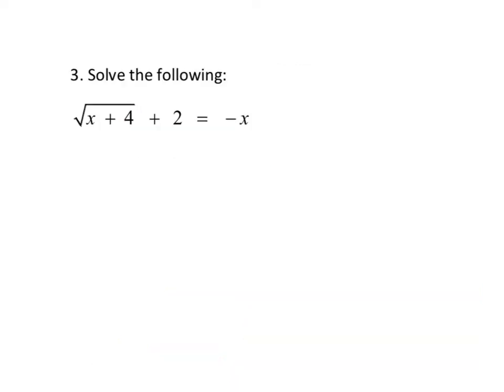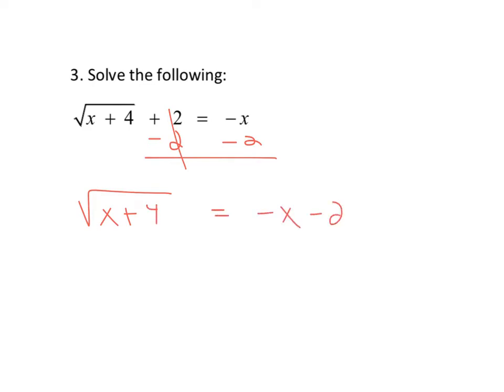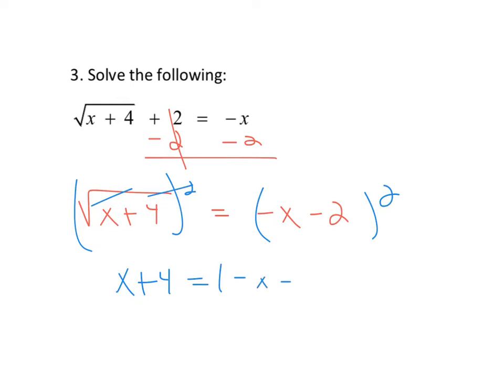This question is a square root equation, so remember the first thing you want to do is subtract the 2 to isolate the radical. So I'll get negative x minus 2, and then I can now square both sides to get rid of the square root. And I get x plus 4 equals negative x minus 2 times negative x minus 2.